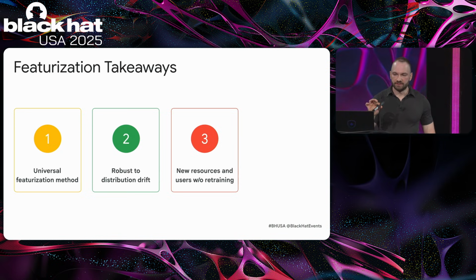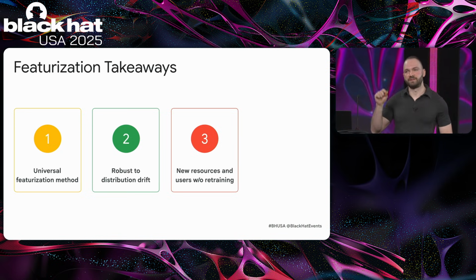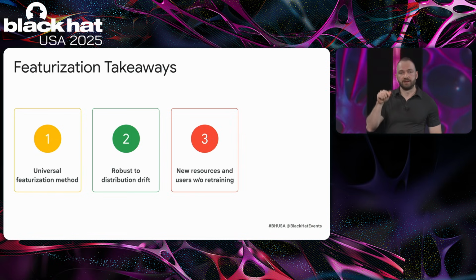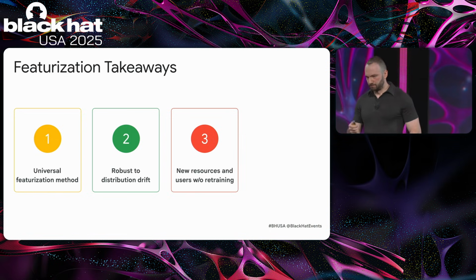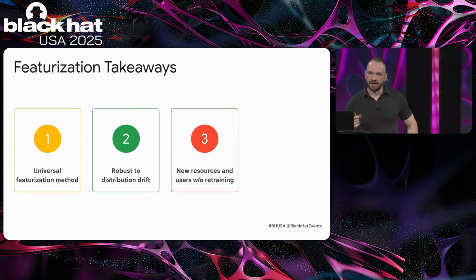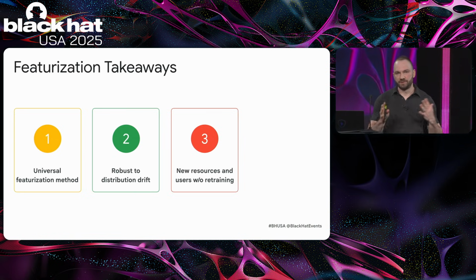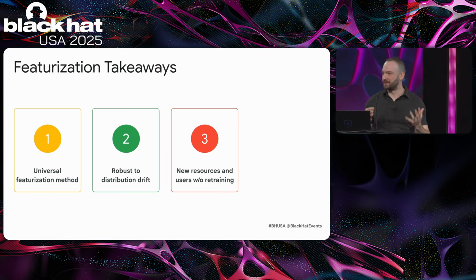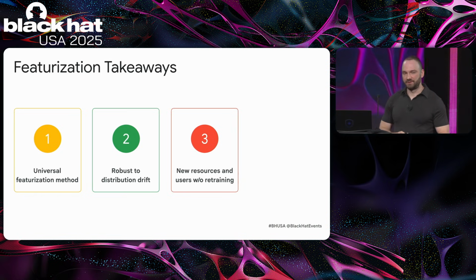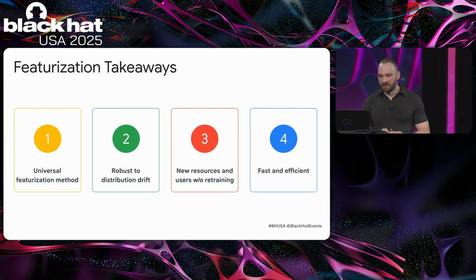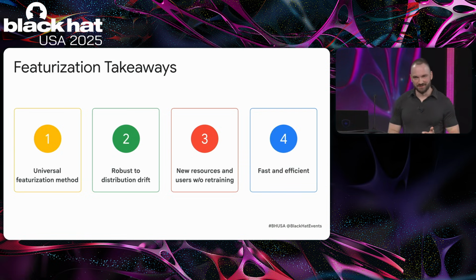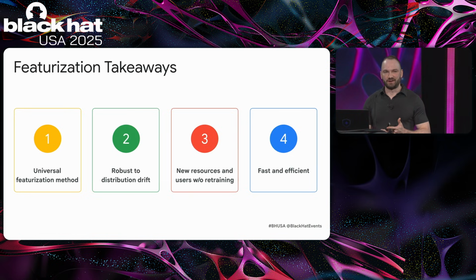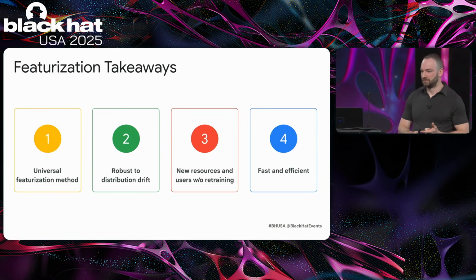They naturally handle new resources and new users without you needing to retrain the underlying TensorFlow models. Essentially, you have turned the problem of updating the model into a problem of computing fresh features for users and resources. And finally, and importantly, because we want to do this at scale, those featurizations are extremely fast and therefore extremely efficient to implement.